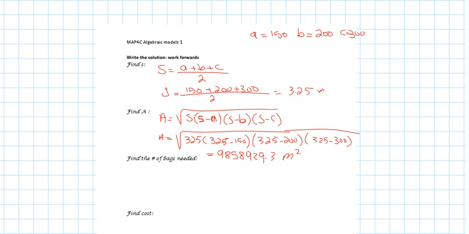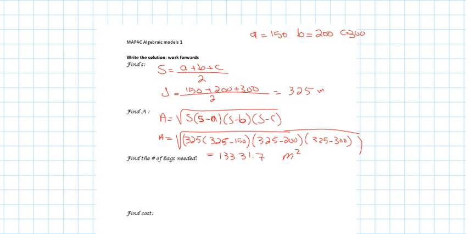Okay, now, each bag covers 900 meters squared. How many bags do I need to cover 13,331.7 meters squared? So the number of bags is the area of the triangle over the area covered by each bag, right?